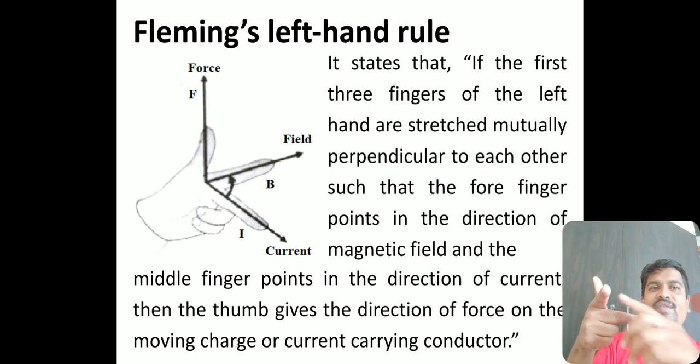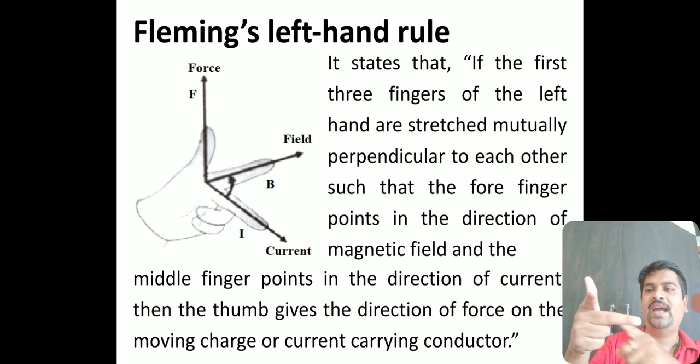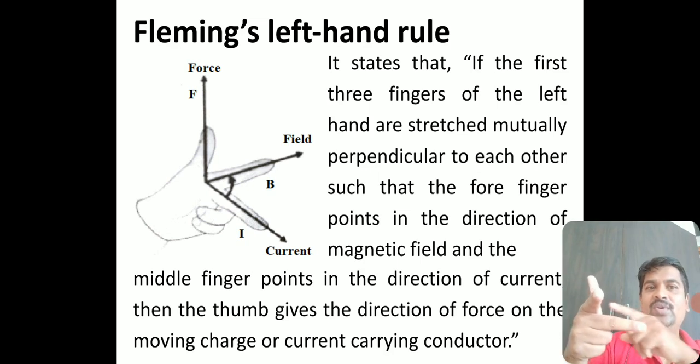The forefinger points in the direction of magnetic field and the middle finger points the direction of current. So the thumb will give us the direction of magnetic force. I'll repeat this.